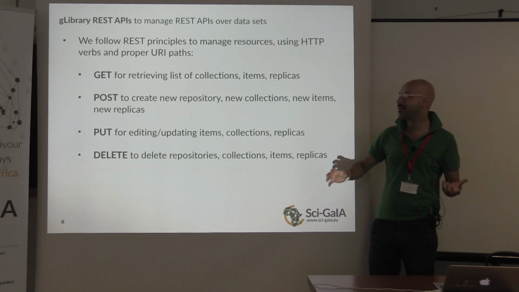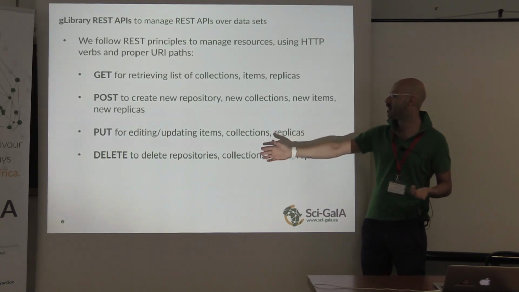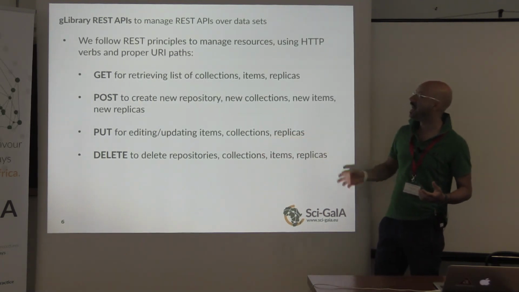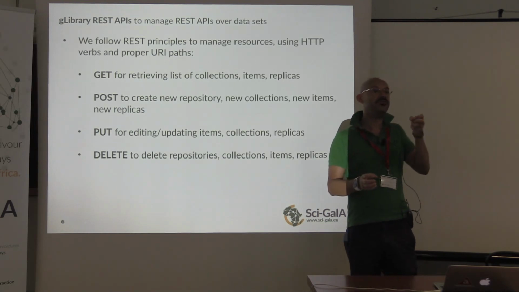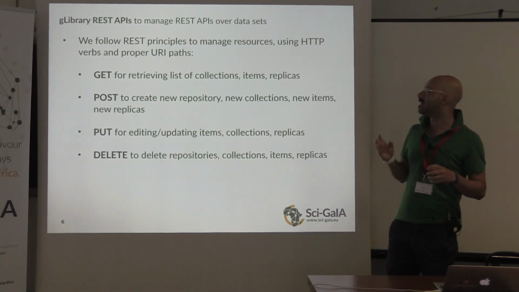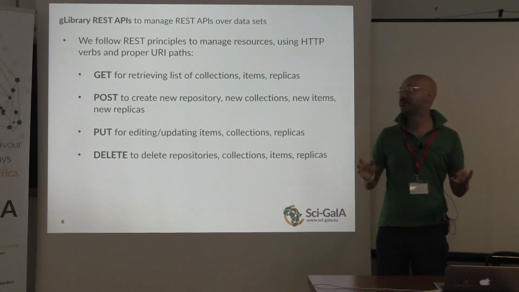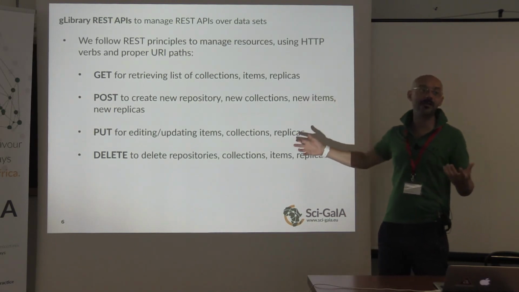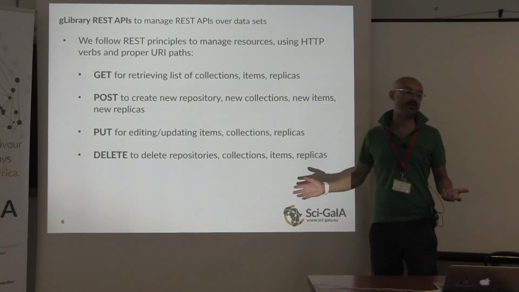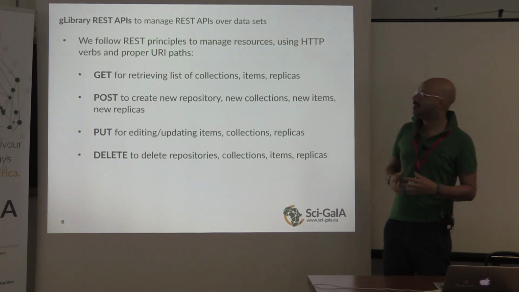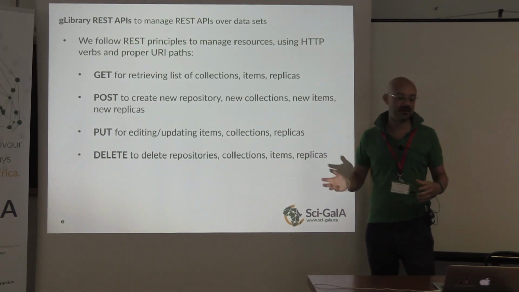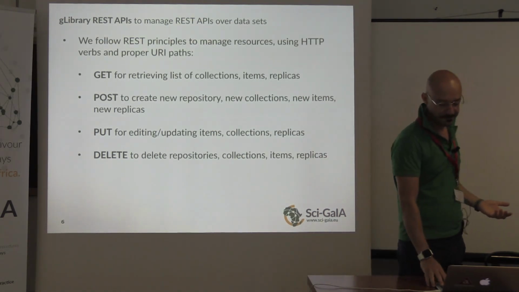Delete, same thing, allows you to delete things like repositories, collections, and items. And get is needed to retrieve metadata, replicas, and files. So once you understand the three concepts of GLibrary and you are able to use HTTP verbs, you will be really at home using these APIs.